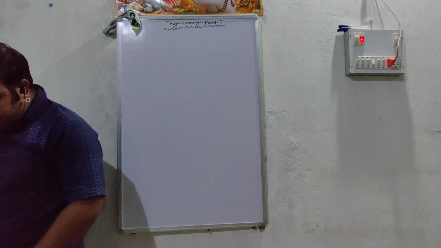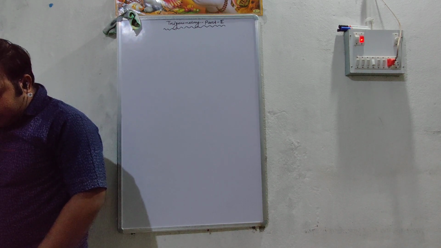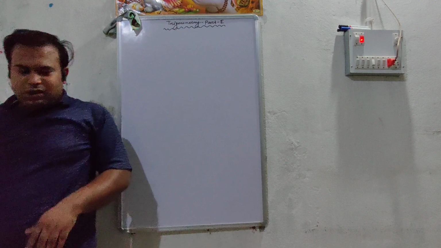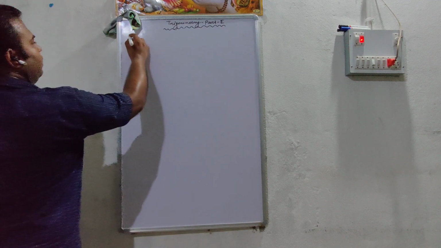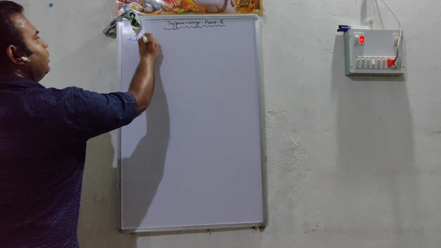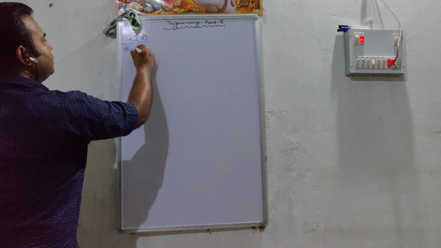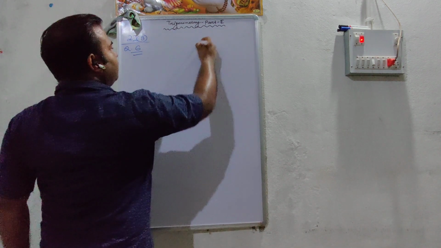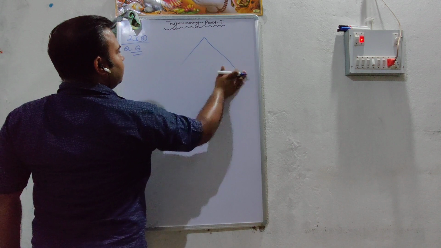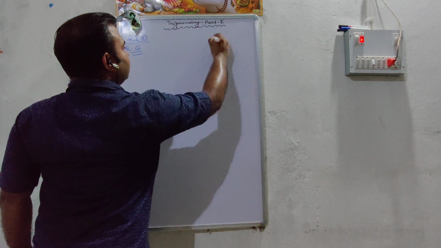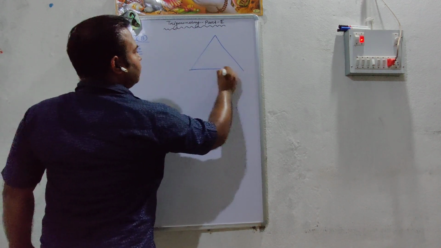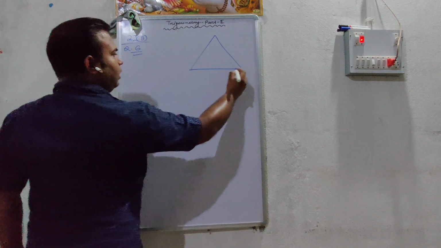Given that in a triangle, question number 6, exercise 22B, one figure is given.